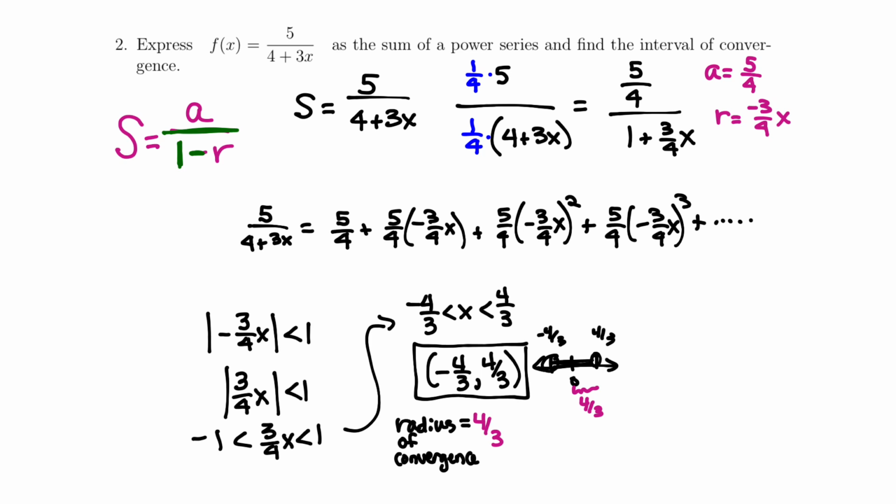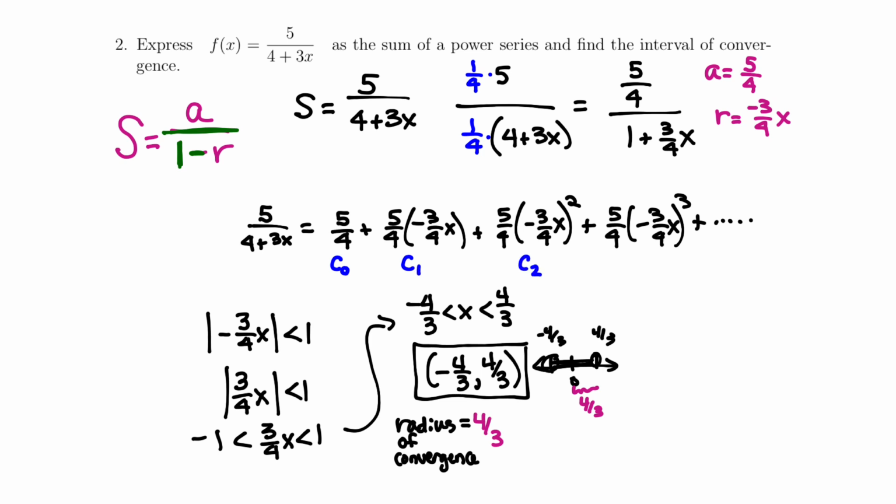But I want to show you one more thing on your homework. On the homework, they're not going to necessarily have you write out this infinite sum. Instead, they're going to ask you for the coefficients of the polynomial. In other words, they're going to say, what is the coefficient when x is raised to the 0th power? The 1st power?